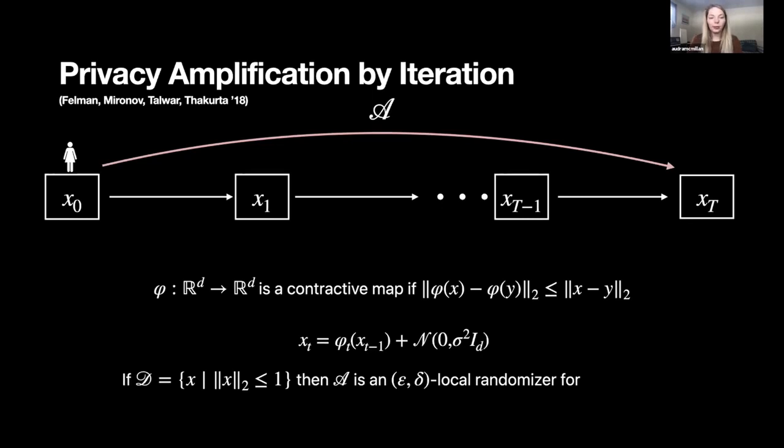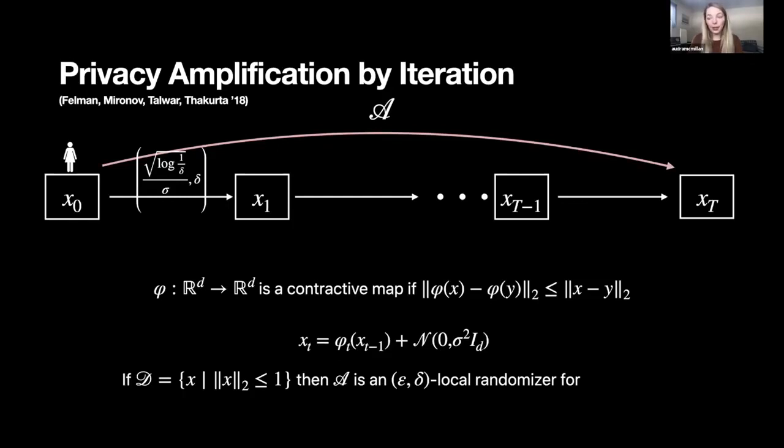All right, so let's look first at our naive analysis of this. I'm going to let my data universe be the set of all points in the 2-norm ball of radius 1. What that buys me is that I can say that just running through a contractive map and adding Gaussian noise is necessarily, from the Gaussian mechanism, epsilon-delta DP, with this epsilon-delta that is now, I can't point to it, on the line between x0 and x1.